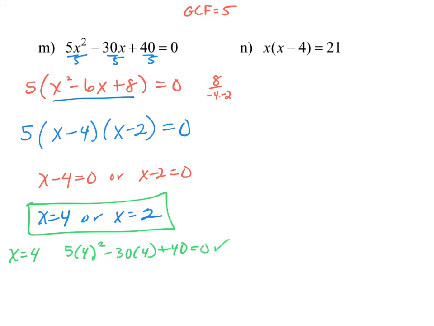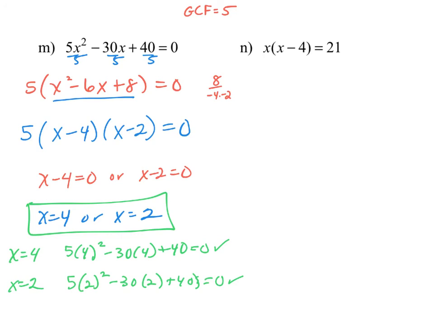We also want to check x equals 2 by plugging that back into the original equation. That's 5 times 2 squared minus 30 times 2 plus 40. So we get 5 times 4 is 20. 20 minus 60 plus 40, that also does equal 0. So our solution is x equals 4 or x equals 2.